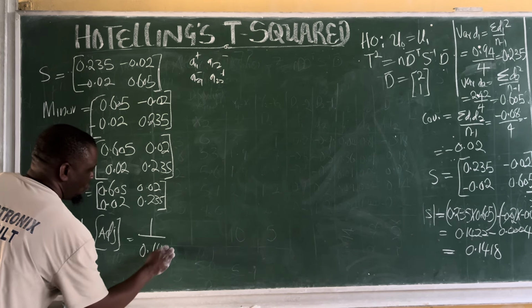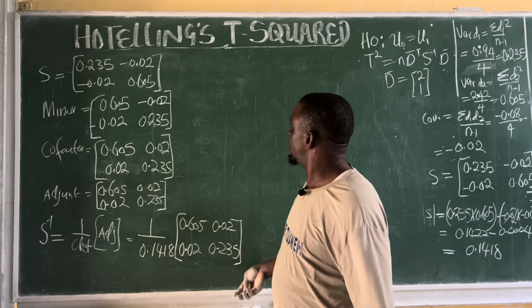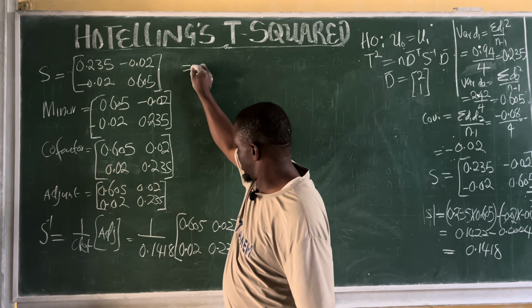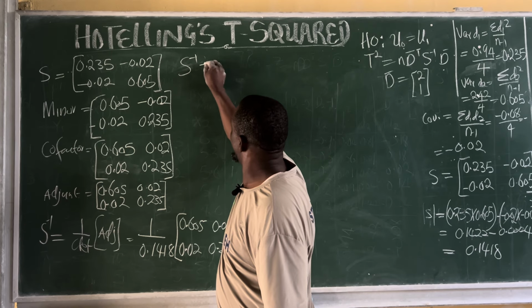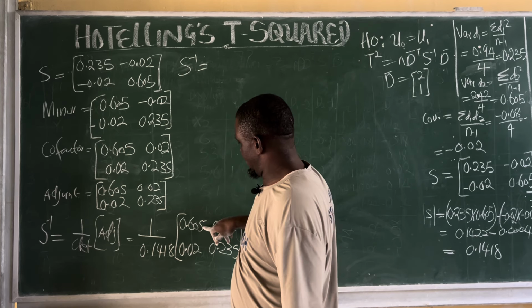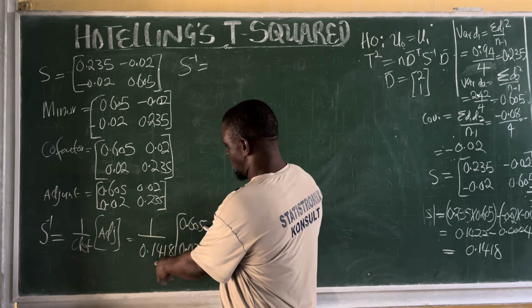Okay? So if we multiply this, it's just like dividing each of these values by 0.1418. So we'll say our S inverse is equal to, if we divide this by 0.1418, what will it give us? 4.266.